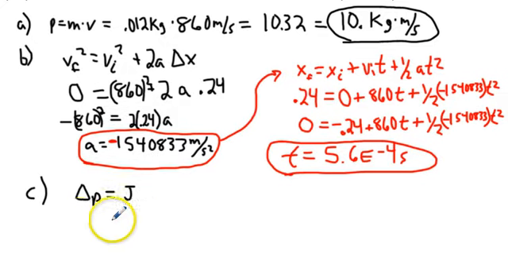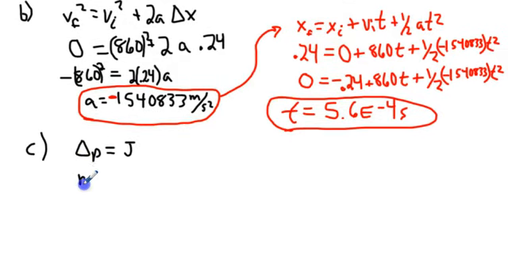So our delta V in this case was from 860 to 0. So technically that would be a negative, which would also make the force negative, which kind of makes sense because the force would be opposing the motion.